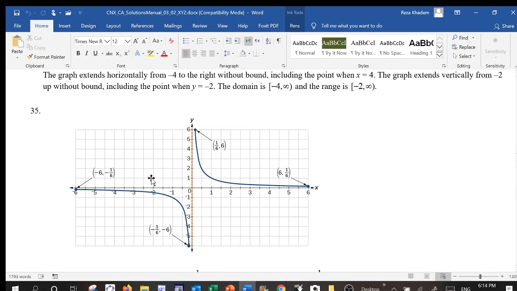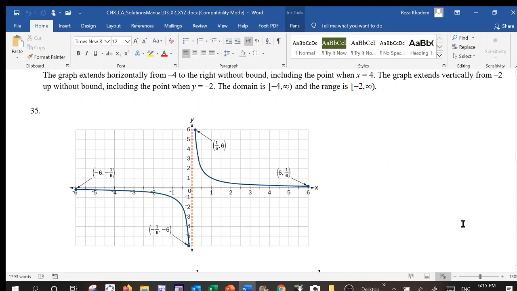Here the domain goes from, you see there's a point there, so it goes from -6 all the way to this number, which is -1/6, and then jumps, there are no points here, jumps to 1/6 all the way to 6. So the domain is from -6 to -1/6, union from 1/6 to 6, right?